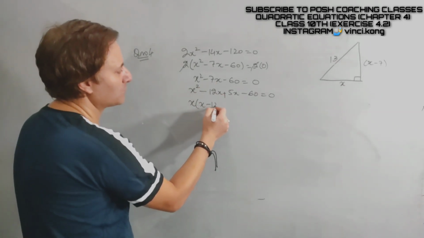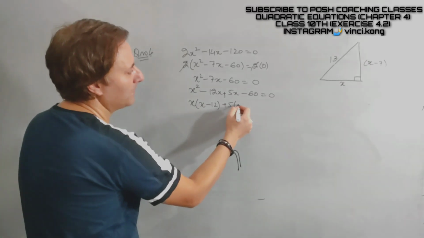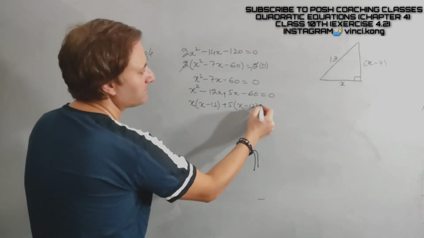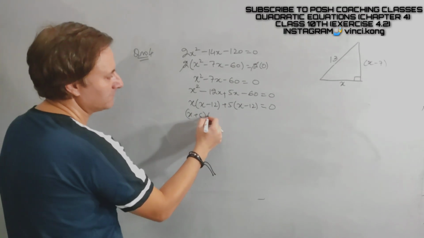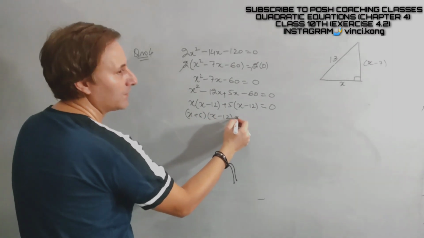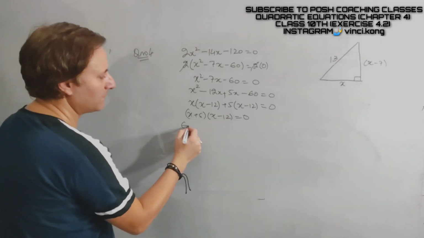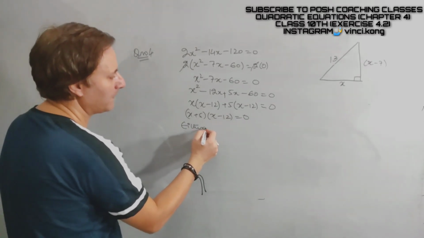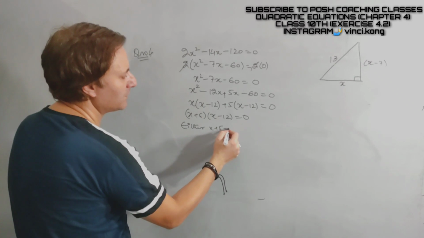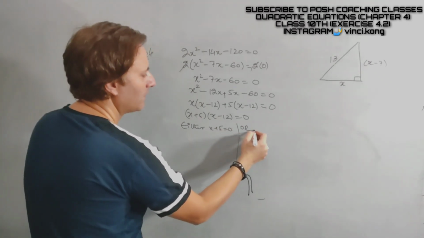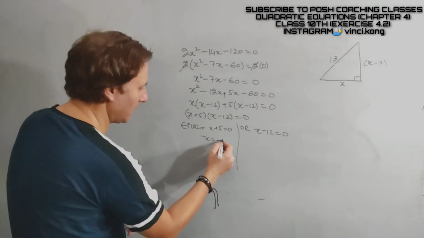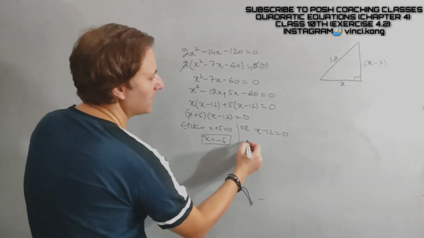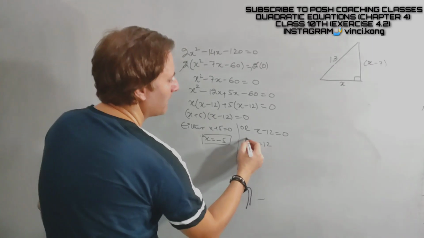It is x minus 12, then 5 common, x minus 12. Now x plus 5, x minus 12 equals 0. I'll write either x plus 5 is equal to 0 or x minus 12 is equal to 0. So x is minus 5 and here x is 12.